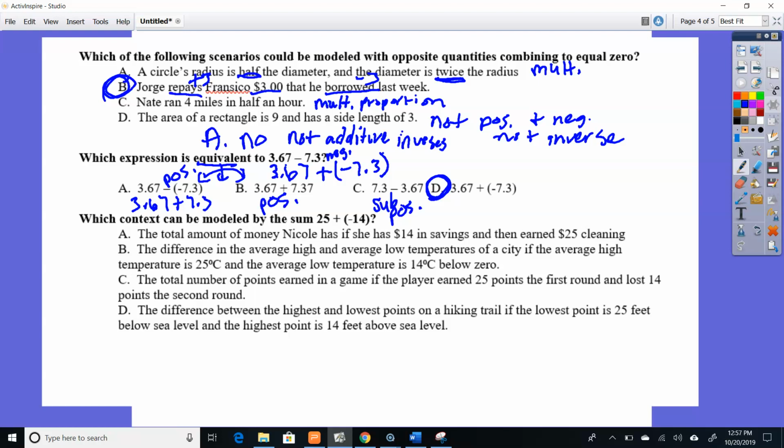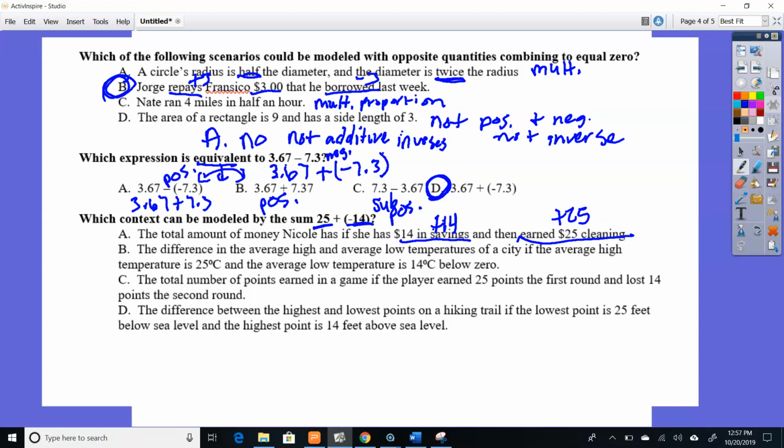And finally, which context can be modeled by the sum 25, so that's positive, and negative 14. A: The total amount of money Nicole has if she has $14 in savings, so that's positive 14, and then earned $25, so it's positive 25, so that's not correct.